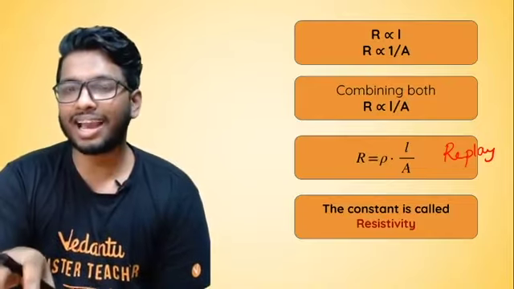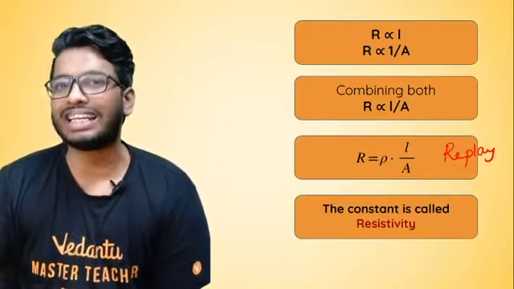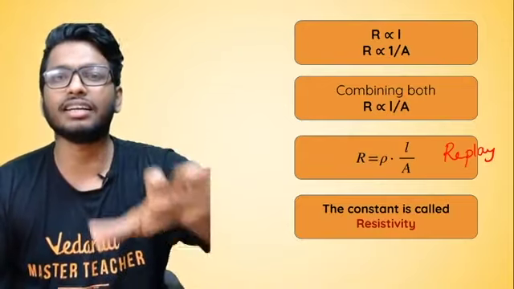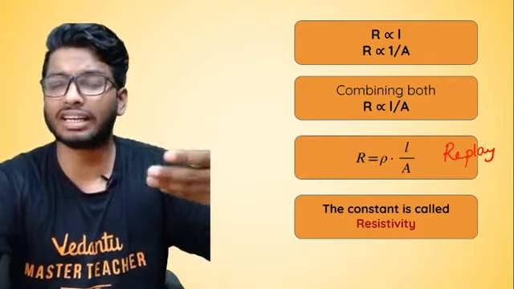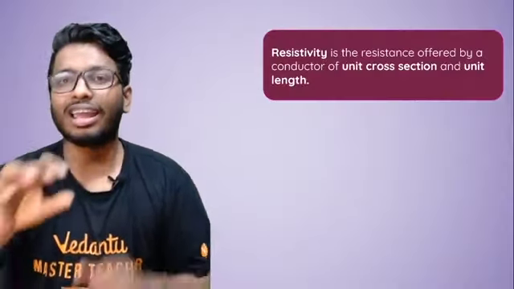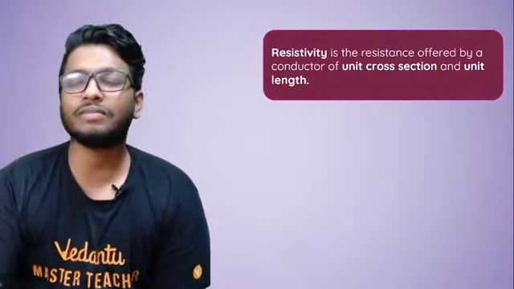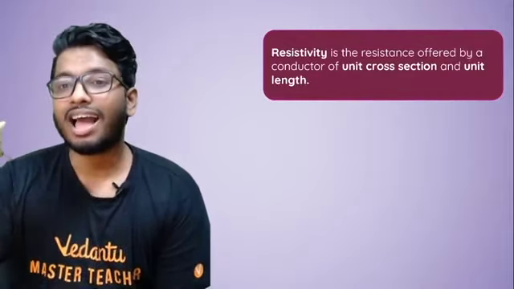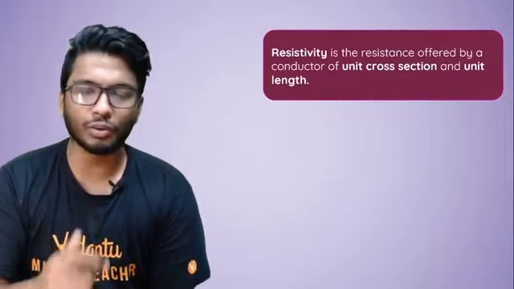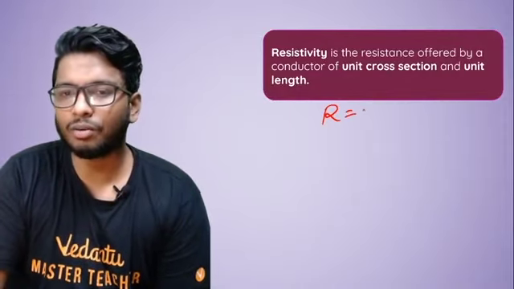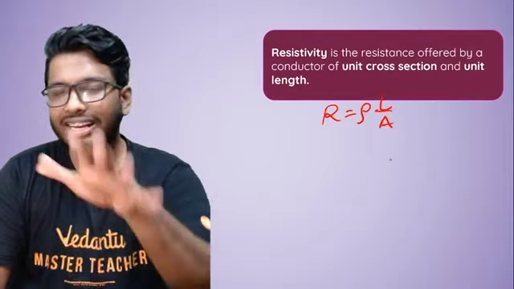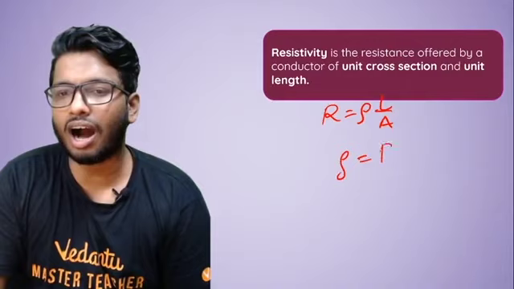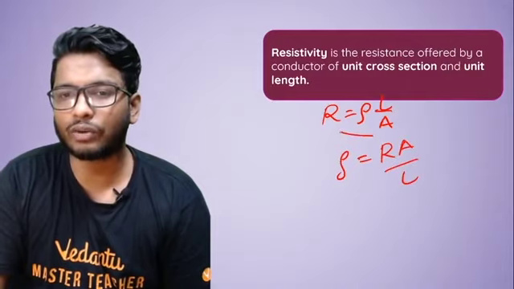And by comparing the resistivity of different materials, I can choose which is the best material for a particular instrument or for a particular electrical equipment. So in definition, resistivity is nothing but the resistance offered by a conductor of unit cross section and unit length. How did I come to this conclusion? See, R is equal to rho L by A. So if I rearrange the equation to give me rho, rho would be equal to RA divided by L. So A goes to the other side.